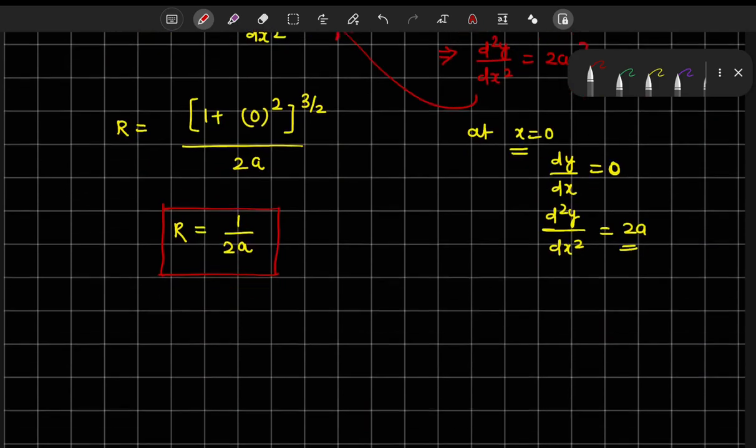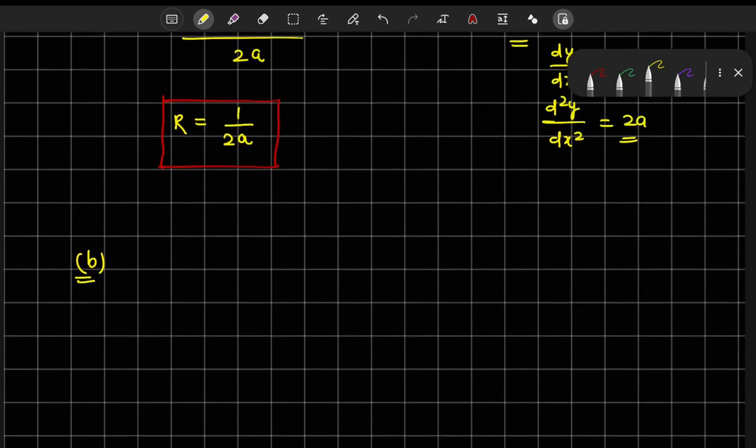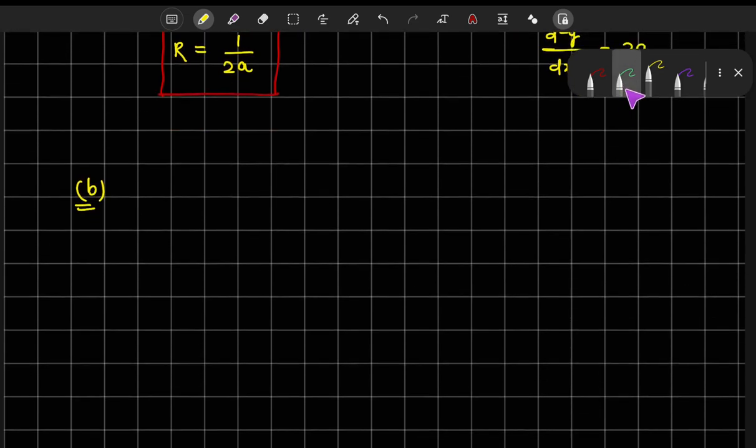Now let us talk about the second trajectory. When the particle is moving in an ellipse, what is the value of acceleration and the value of radius of curvature? The equation given is x²/a² plus y²/b² is equal to 1.